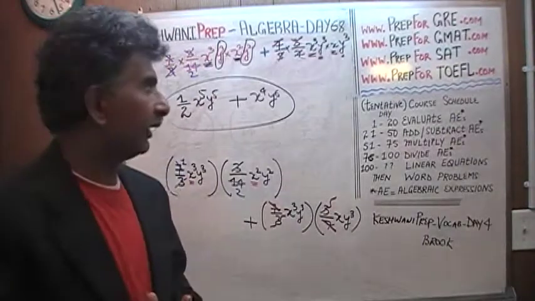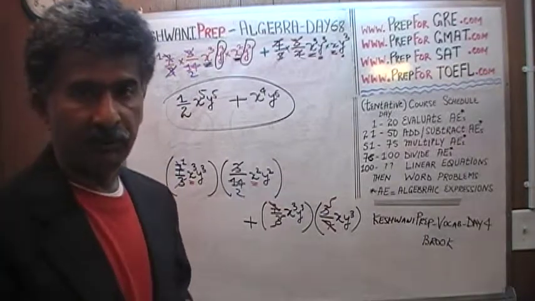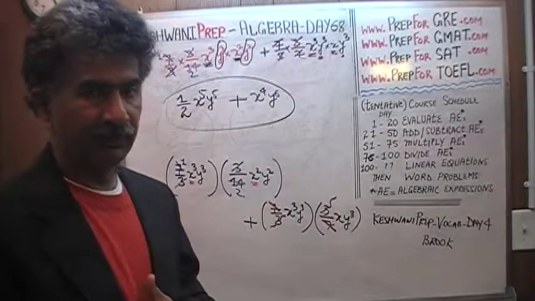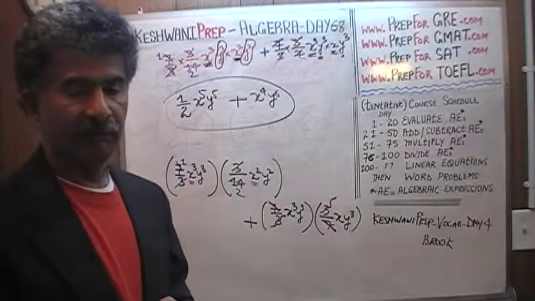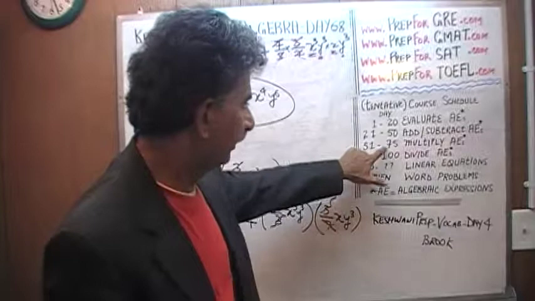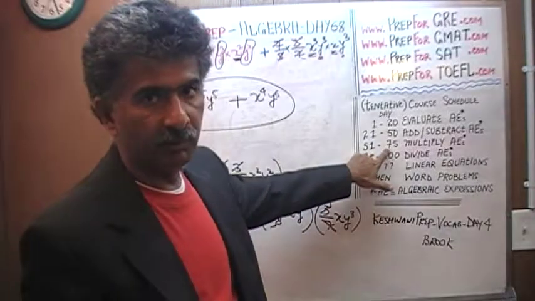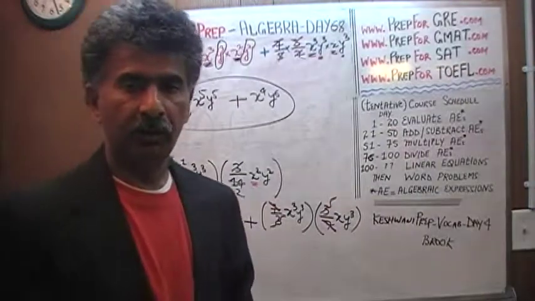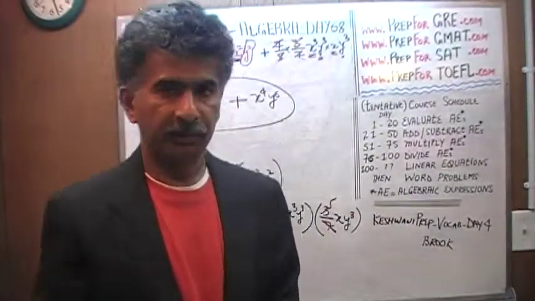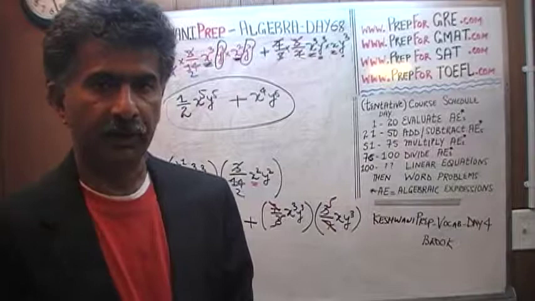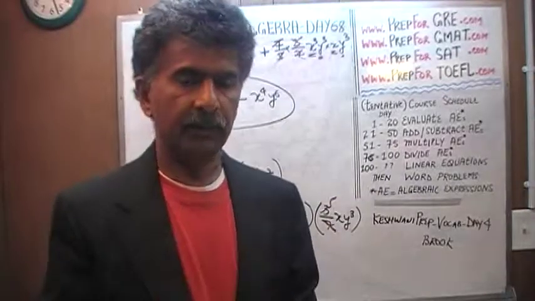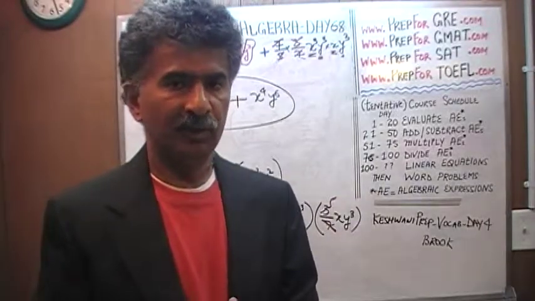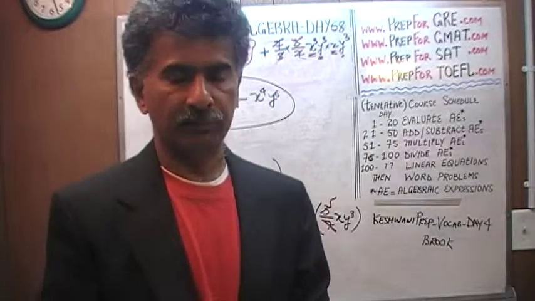And that was the end of that problem. Today is day number 68. I'm going to do 2 more examples just like these on day number 69 and 70. And then for the next 5 days, 71 through 75, we're going to learn to multiply algebraic expressions of such a nature that when you finish multiplying them together, what arises at the end is what is known as a quadratic equation.